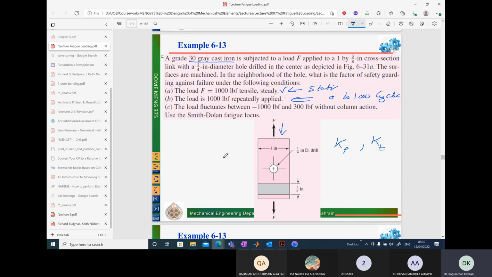And the third case, the load fluctuates between -1000 and 300 without column action, so we need not consider any effects like buckling here. That's what it means. Use the Smith-Dolan fatigue locus in the B and C cases.